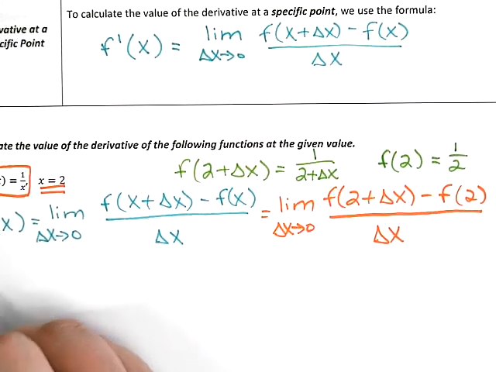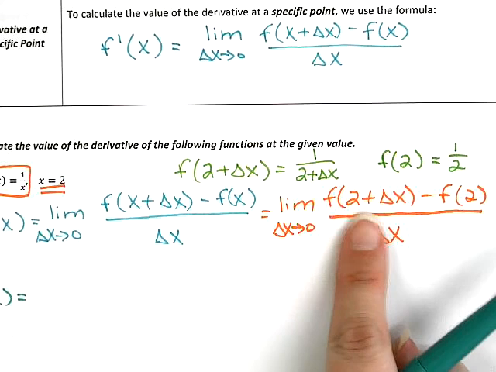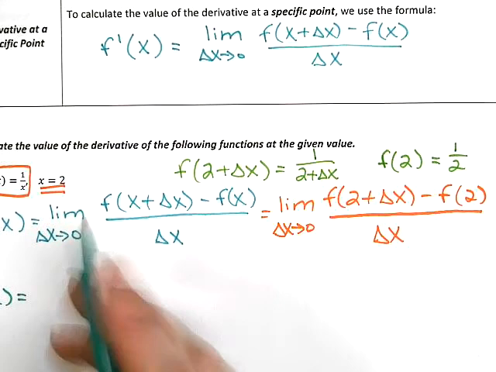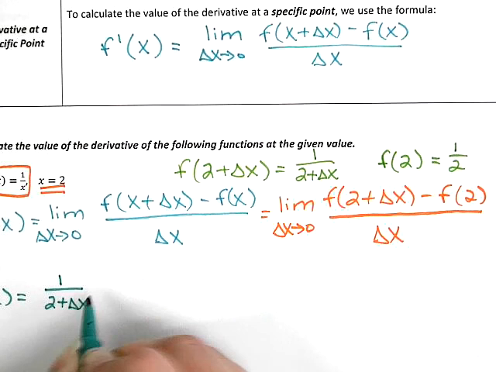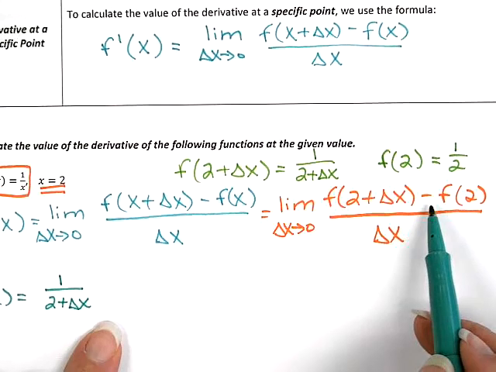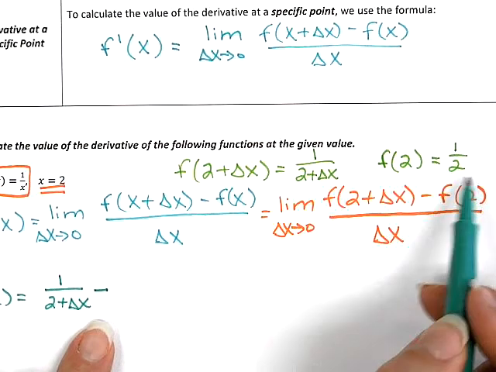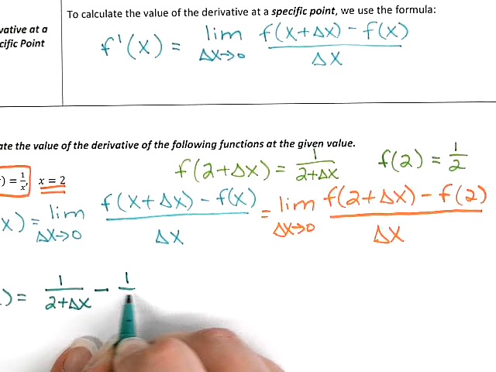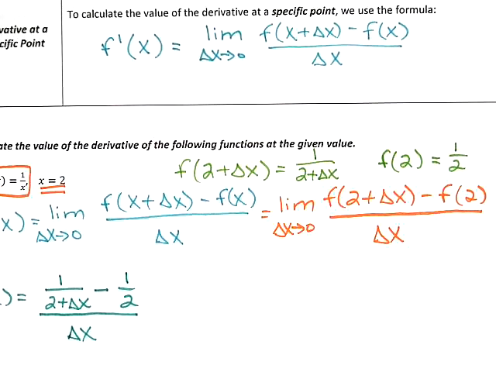So f prime of x equals f of 2 plus delta x, that was this one, 1 over 2 plus delta x, and then minus f of 2, which is 1/2, all over delta x. Sorry, I had to think for a second there.